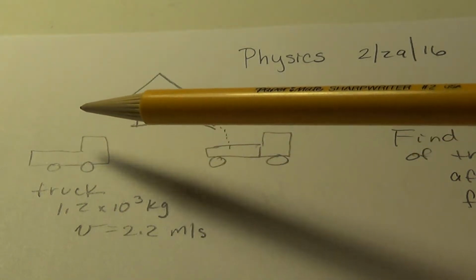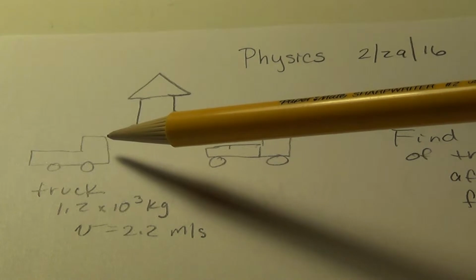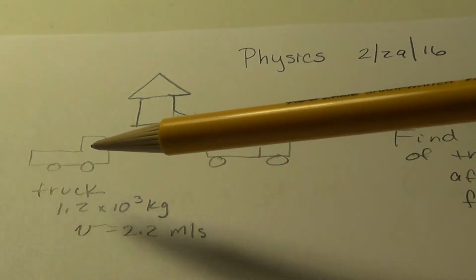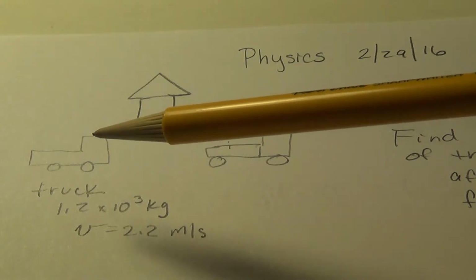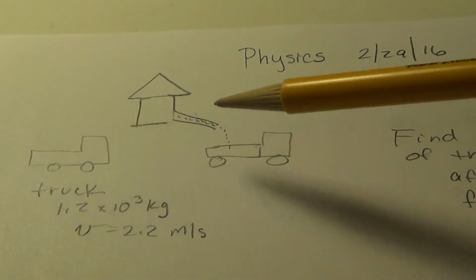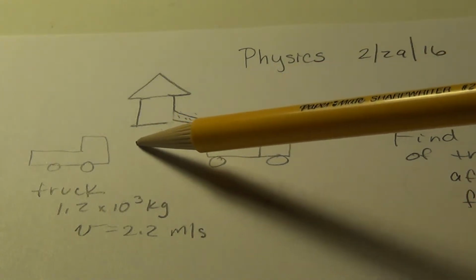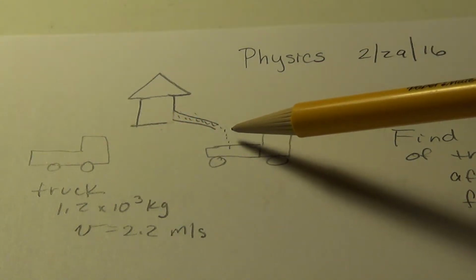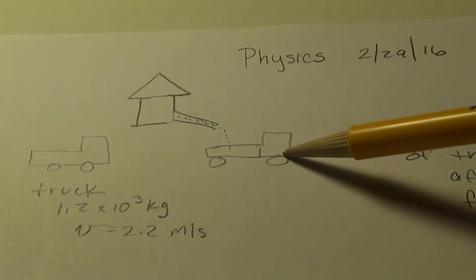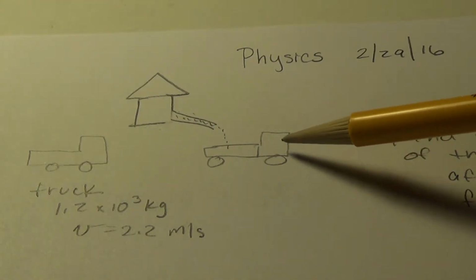It's an empty bed, and as it approaches, the driver stops using the gas pedal and the brake, so it's coasting. It's going at such a speed that it doesn't even have to stop.